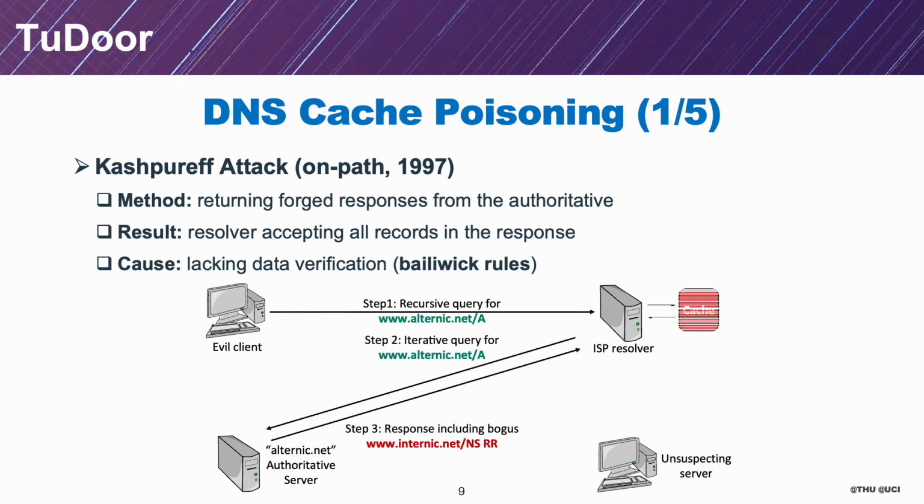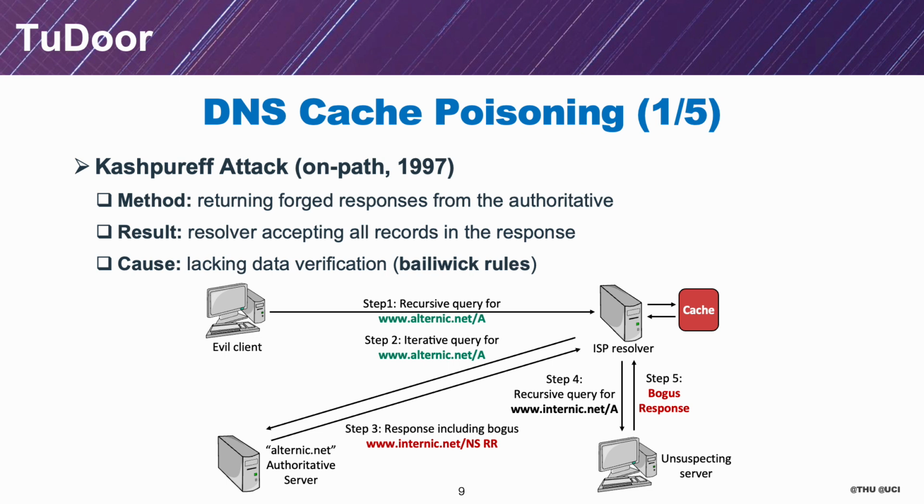So the attacker queries the target resolver for his own domain and returns responses from his own authoritative server. Besides, forged internet.net NS records are included, then the resolver trusts the fake internet.net record and uses it for future queries, which is hijacked.